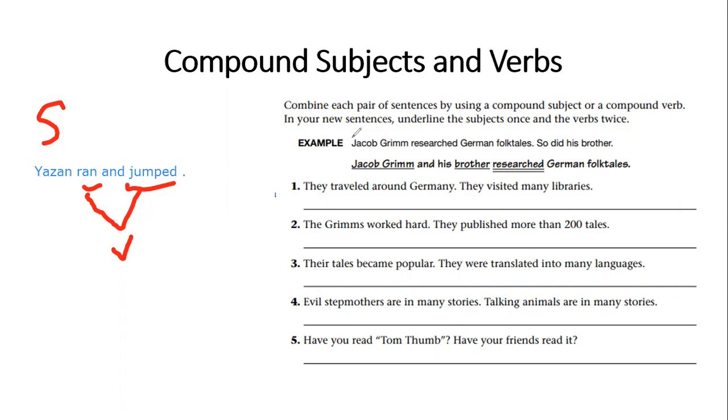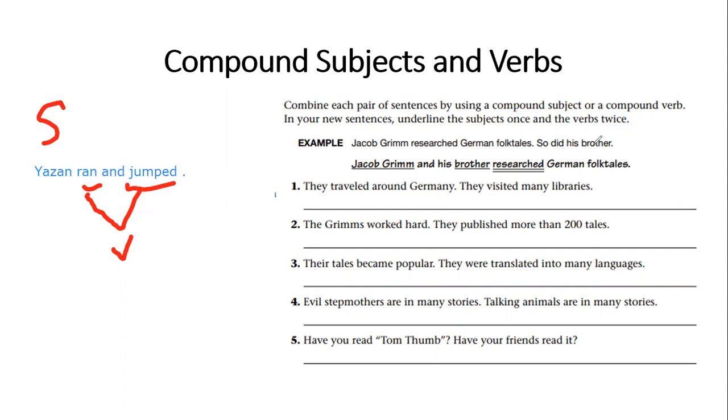Okay, we're having here an exercise. Combine each pair of sentences by using compound subject or compound verb. In your new sentences, underline the subjects once and the verbs twice. The example: Jacob Grimm researched German folktales, so did his brother.